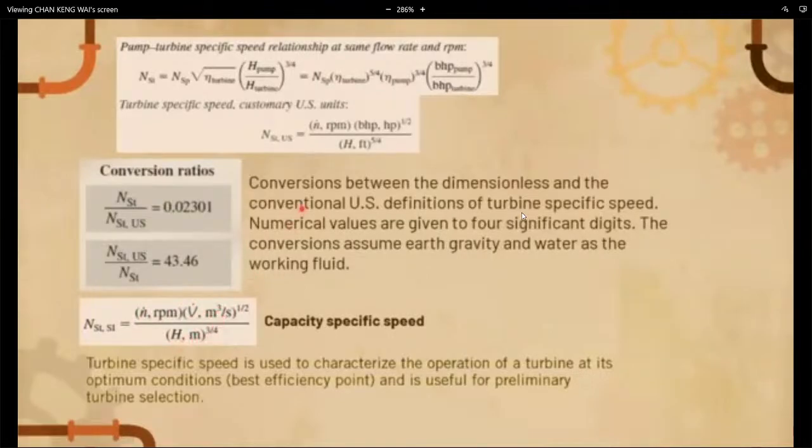While you look at here, this is for US, and then you have the height which is in feet, and the brake horsepower is in horsepower instead of kilowatt or watt. So you need to be careful on this unit. If you want to use the US unit, then you need to make sure that you are using everything in US unit.